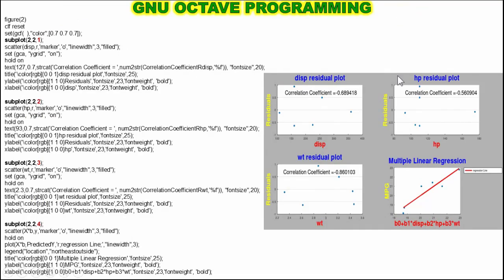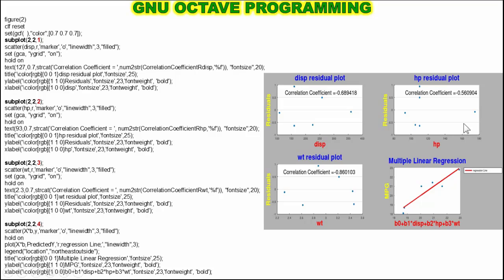Here are the actual codes that place the 4 graphs in one window. The code that will display this scatter graph is written here after calling subplot 2 rows, 2 columns, index 1.